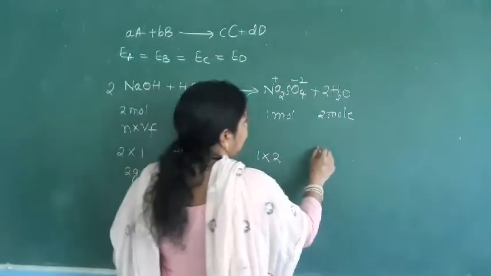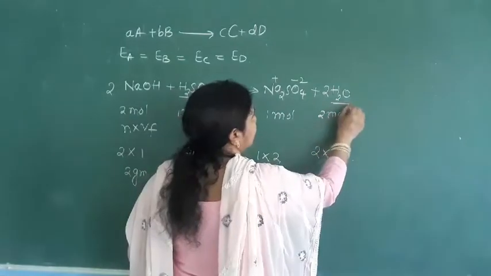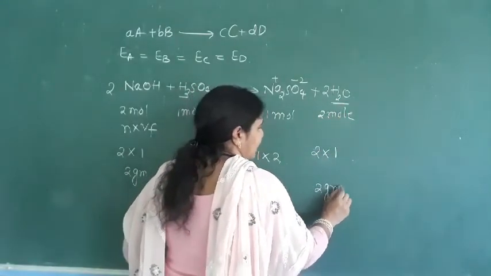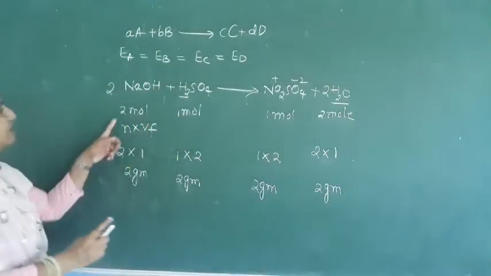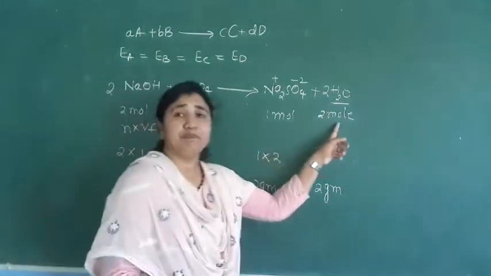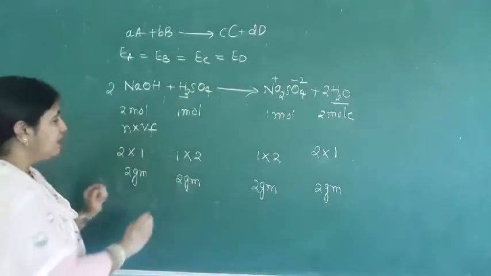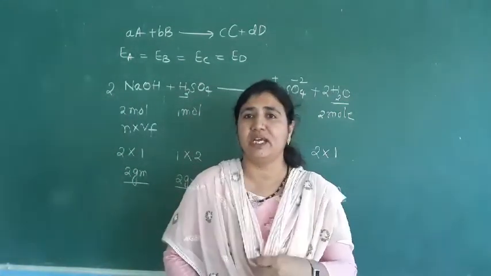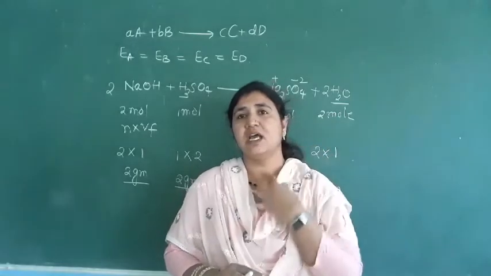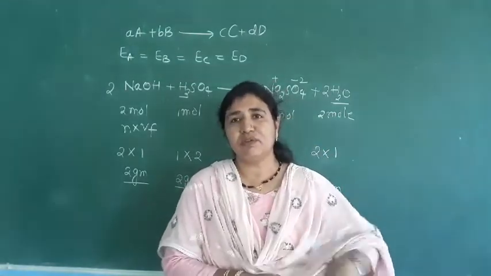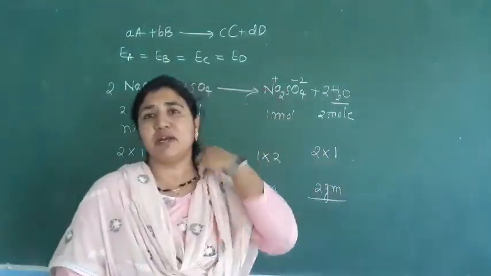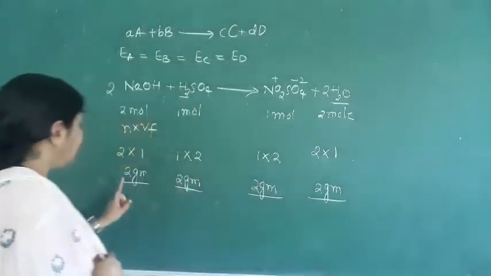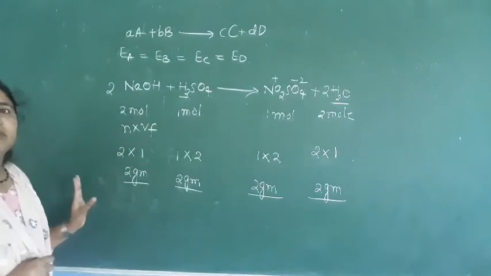And for water, 2 moles are given, and the charge is 1, so that's 2 gram equivalents. The moles are different, but the number of gram equivalents is 2 only. So it proves that in a reaction the moles will be different, but the number of gram equivalents are always equal. By using this law we can solve problems.